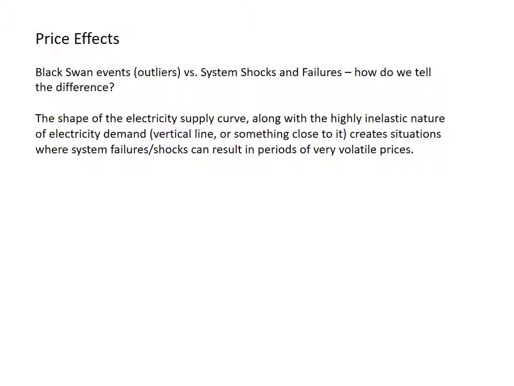Black swan events might equally impact the supply or demand side of things, and act on the same system components as system shocks and failures would. The main difference here is that we can describe probabilistically system shocks and failures, whereas black swan events by definition defy that.